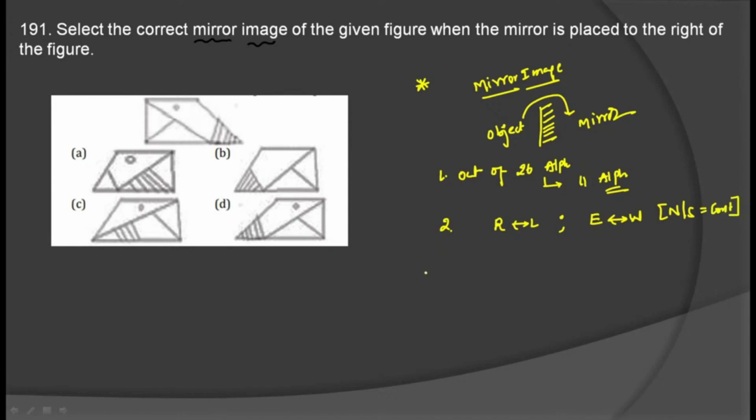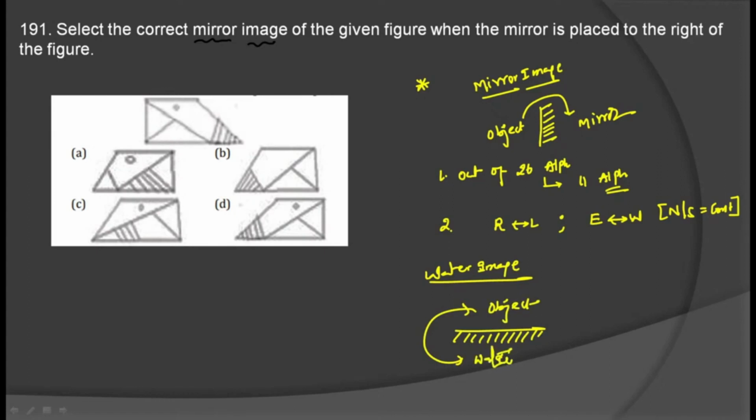In the same way, the water image concept. Whatever the object, we project it up and down. For example, if I consider an object here, it is a water reflection.